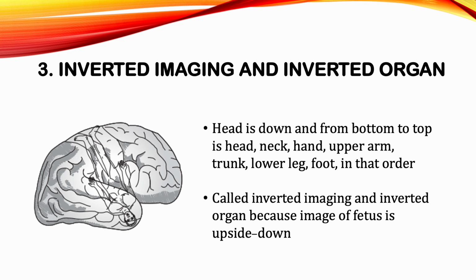Modern medicine has proven the functional location to be similar to an upside-down fetus. This means that the head is down, and from bottom to top will be the head, neck, hand, upper arm, trunk, lower leg, and foot in that order. This is called inverted imaging and inverted organ because the image of the fetus is upside down.